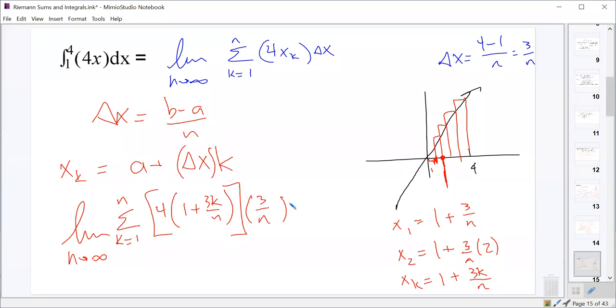And normally they won't ask you to go any farther than this, but it is possible that they might ask you to evaluate this out using this limit notation. So I think it's important that we practice it a little bit more. So first off, we'll have to distribute everything that's in there all through. So really what we're doing is we're multiplying 12 over n to both the things inside of the 1 plus 3k over n.